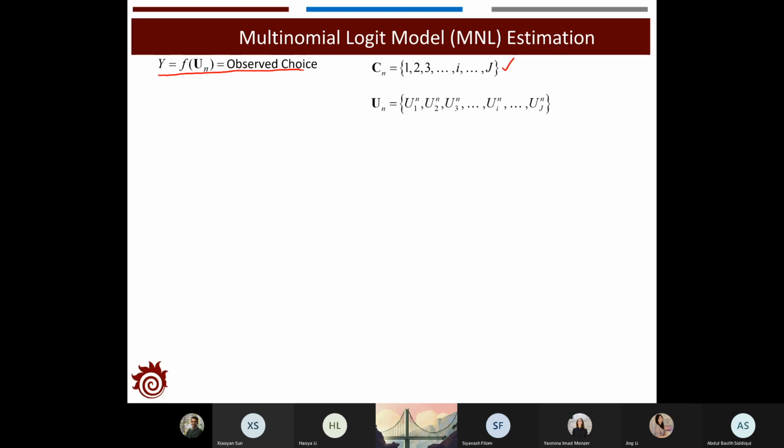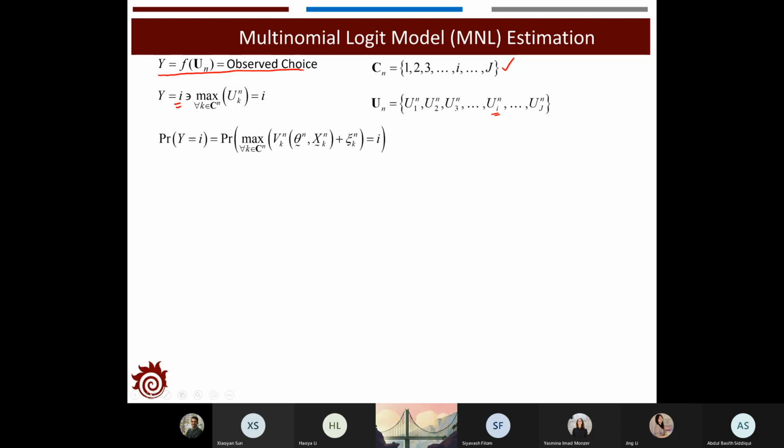Say that if individual n is choosing mode i, which means that the utility of mode i is the maximum, the highest one, and the individual is always choosing the one with the highest utility.